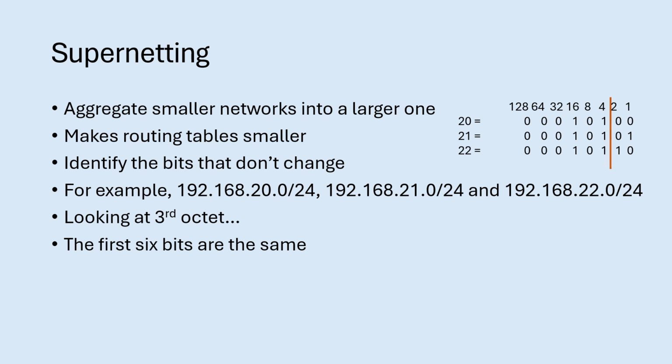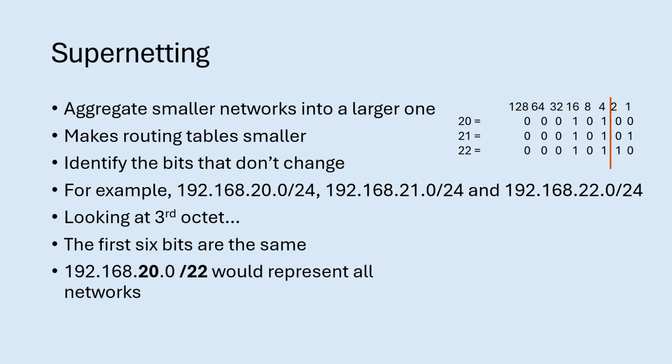So my red line here shows me that in these three networks, the first 6 bits of the third octet are all the same. So I can simply use my table to say 192.168.20.0/22. So this puts all of my smaller networks into the same network.